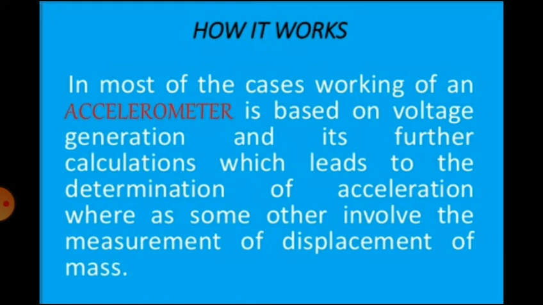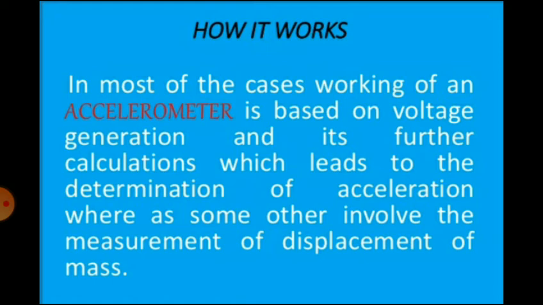How does it work? In most cases, the working of an accelerometer is based on voltage generation. So the voltage is generated and measured, and further calculations lead to the determination of acceleration, whereas some others involve the measurement of displacement of the mass.